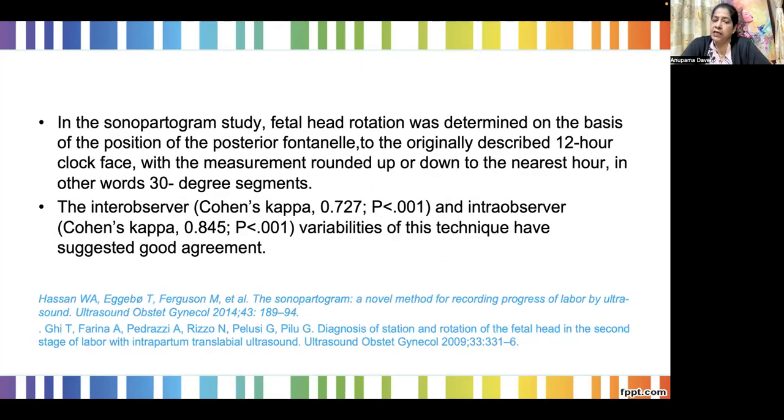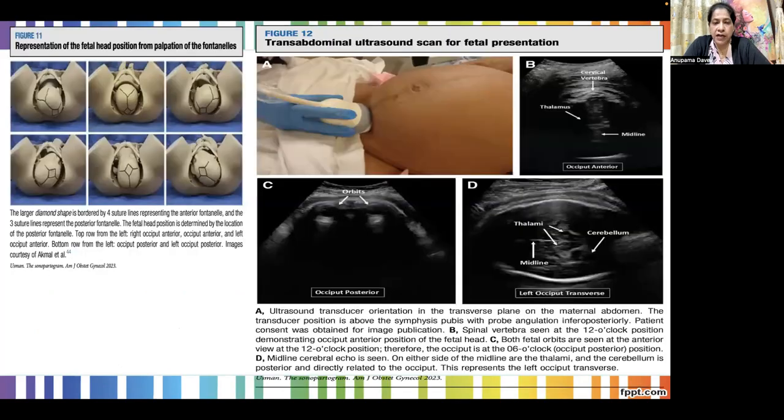In the Sonopartogram study, fetal head rotation was determined on the basis of position of posterior fontanelle to the originally described 12-hour clock face with measurement rounded up or down to the nearest hour, in other words, 30-degree segments. Inter-observer and intra-observer variabilities of these techniques have suggested good agreement. So that is why they say that it is better than a vaginal examination.